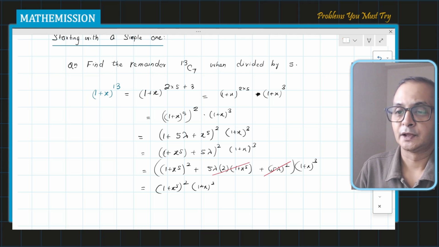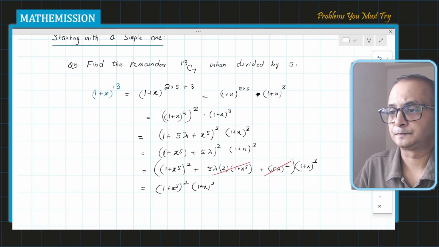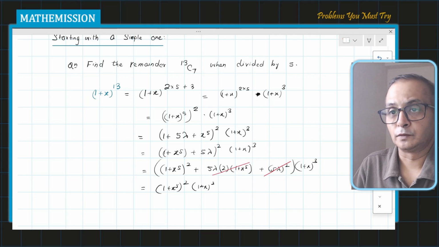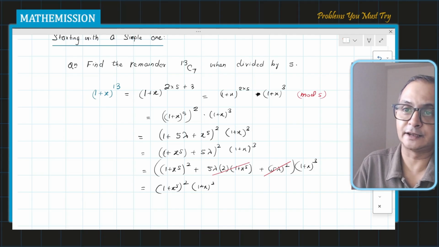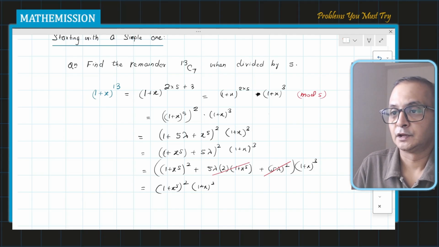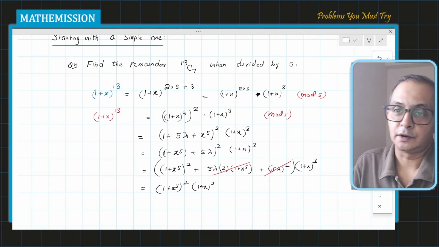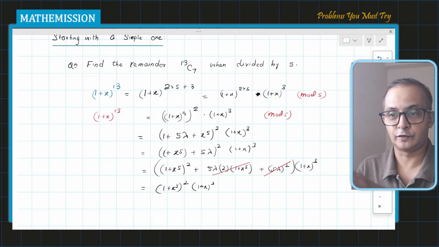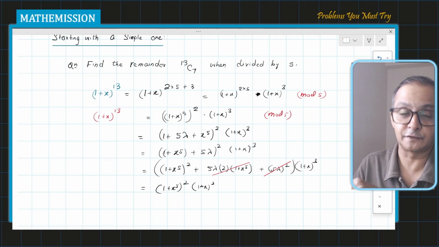By the way, I mean to say that I'm going to find out the modulo of 5, means mod 5 means I'm finding the remainder when the entire thing is divided by 5. So this is equivalent to mod 5 again. Are you looking for (1 plus x) to the power 13 modulo 5, means are you in search of the remainder when you are dividing (1 plus x) to the power 13 by 5?